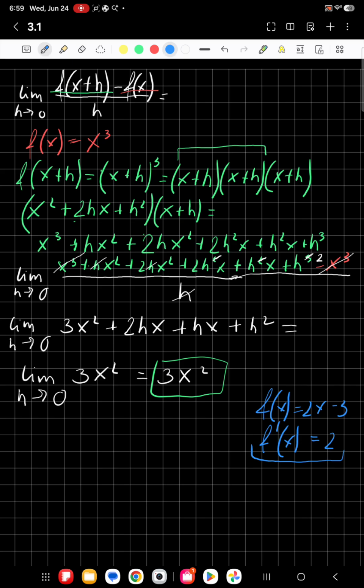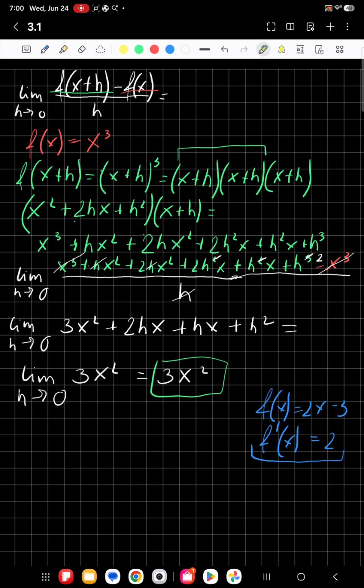But here, this is not a straight line, right? We have x cubed, it is a curve. So in this case, we didn't get one particular, specific number. We got a formula, right, with a variable in it. So now to calculate the slope at different points on the curve, we will just be plugging those x's in for x in the formula, in that derivative.